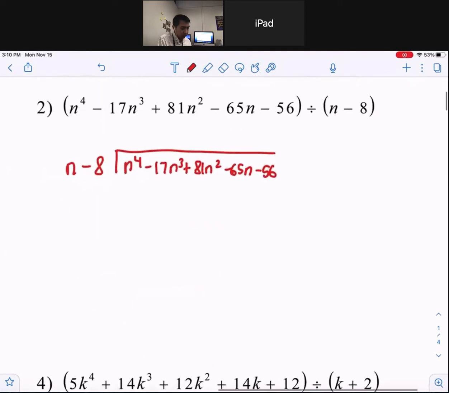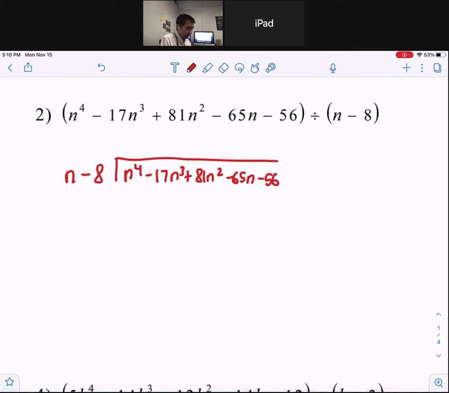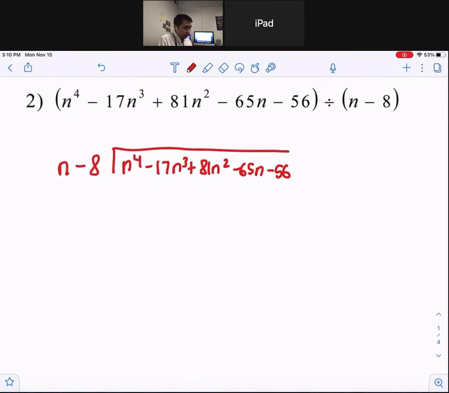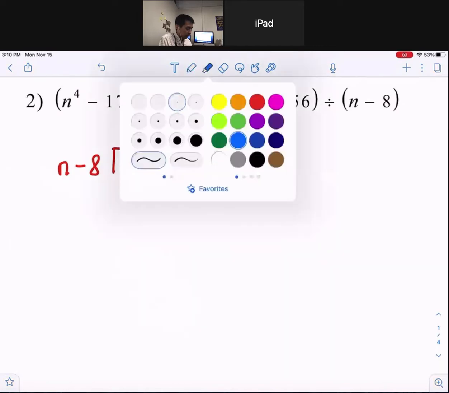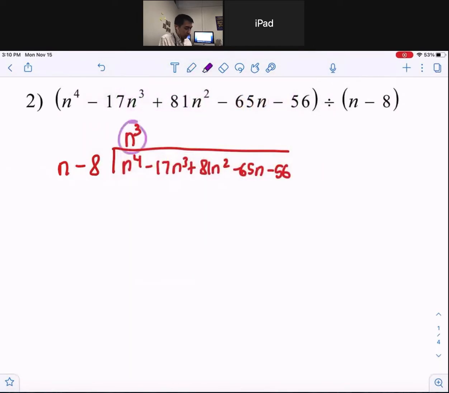Number 2. Again, same deal. What times n will give you n to the fourth? That's n times n to the third. And then you're going to distribute n to the third to both of those. So we're going to get n to the fourth, n to the third times negative 8n to the third.